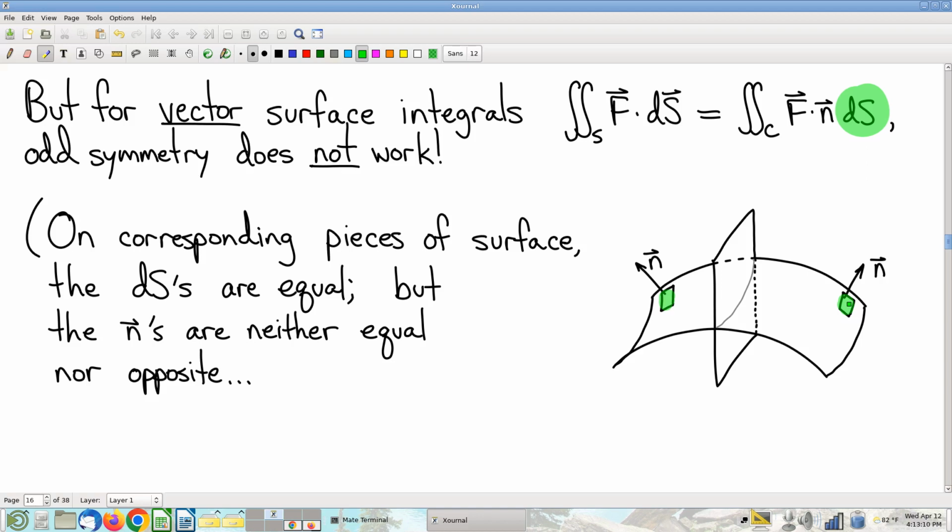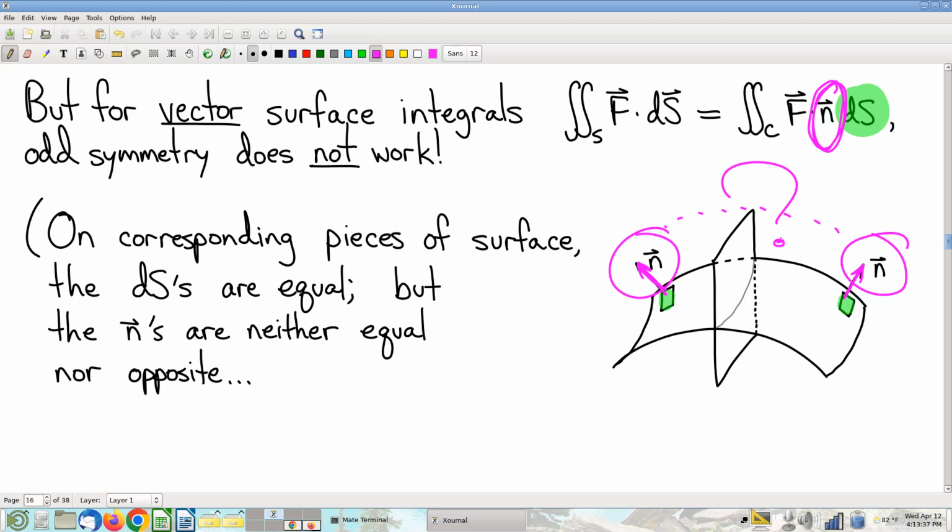But here's the problem, where it all crashes and burns: when you look at the normal vectors. There's one of the normal vectors. Here's the other normal vector. Are those normal vectors the same? Nope. That's just because of the shape of the surface.